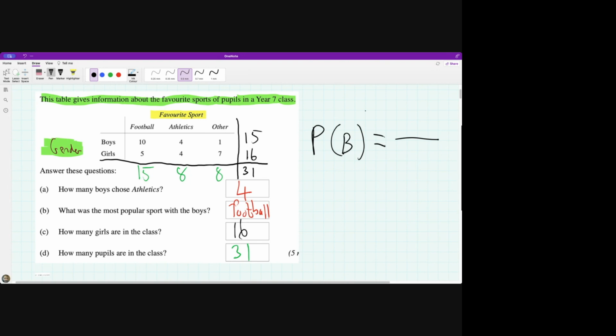So we look at how many people there are in the class. There are 31. And Tamir, Bukle, Callan, Tandiwe, you've smashed it. You've said, well, look, how many boys are there? There's 15 out of 31 boys. Okay, awesome. Brilliant at that.